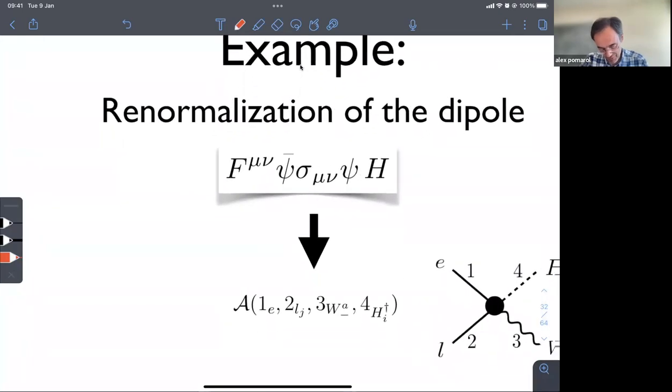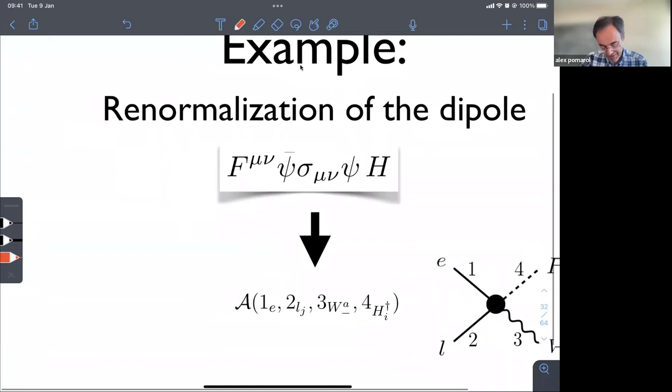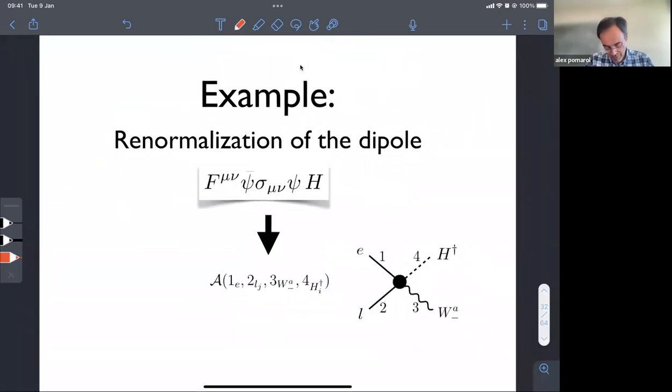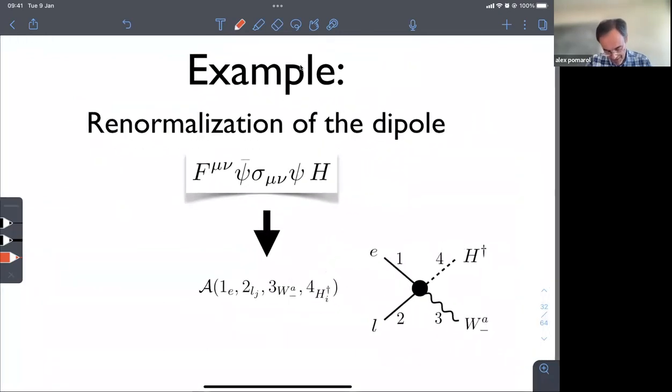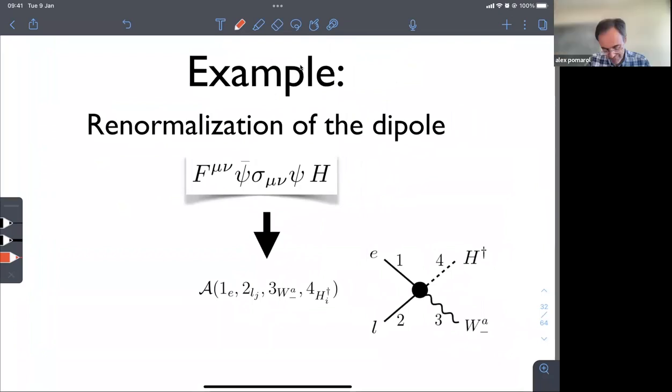Yeah, thanks for the question. Yes, you are right. If I look at this with a projection in general, if this is the same field, you are right that the dipole is like this and the other has a gamma 5.